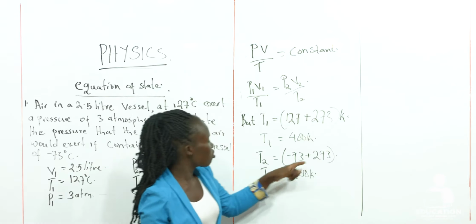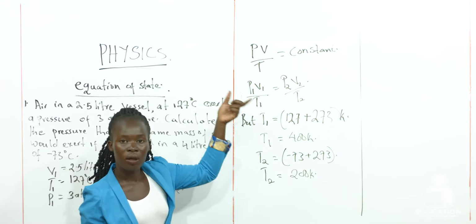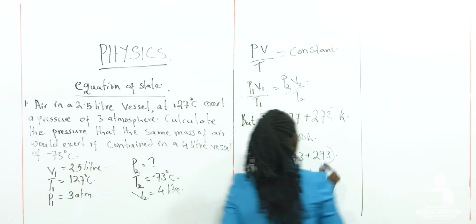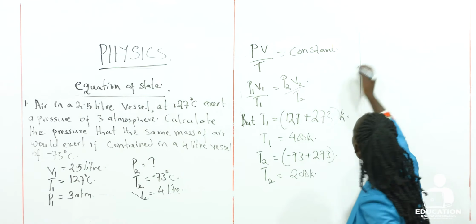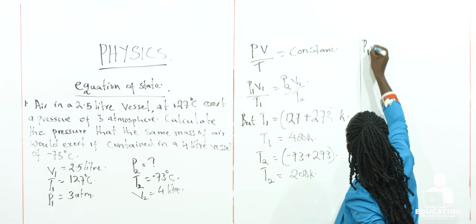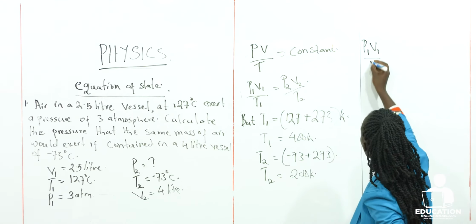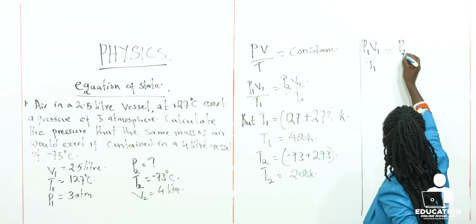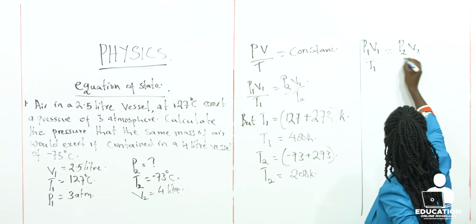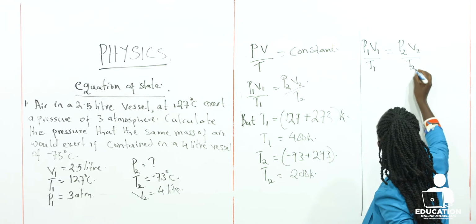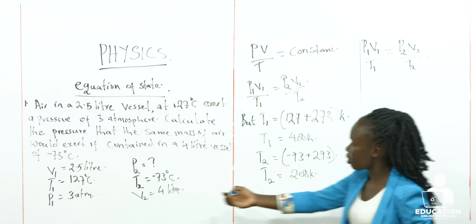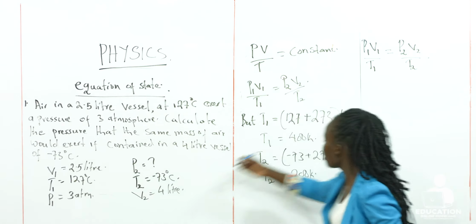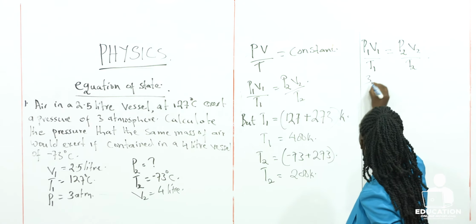So we can now substitute what we have into the formula. Meaning we shall now have P1 V1 over T1 equals P2 V2 over T2. Our P1 is the pressure at the start, which is 3 atmospheres.